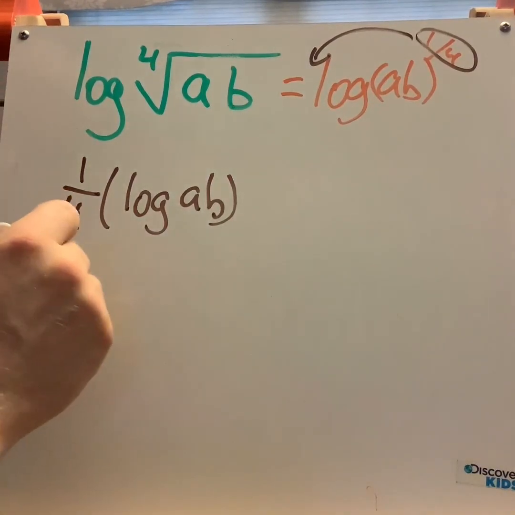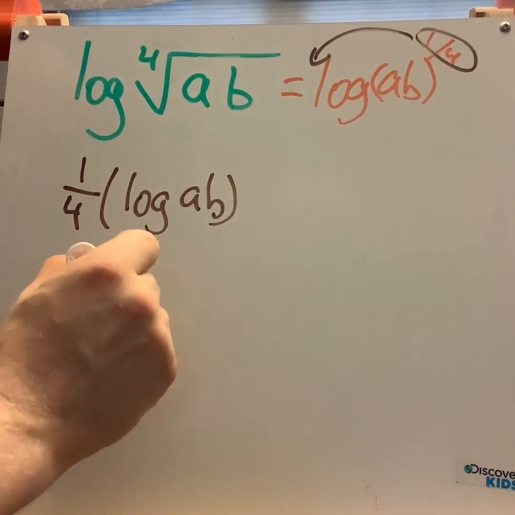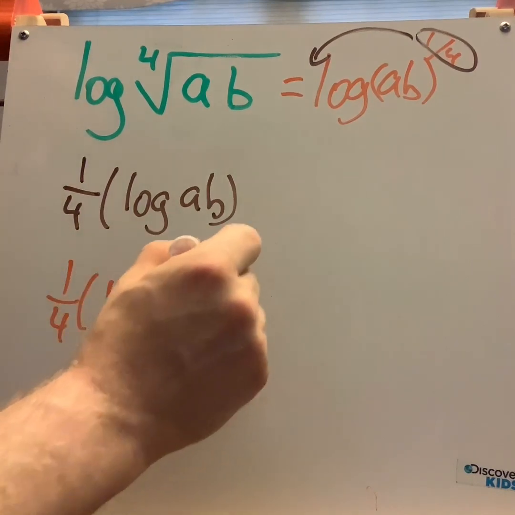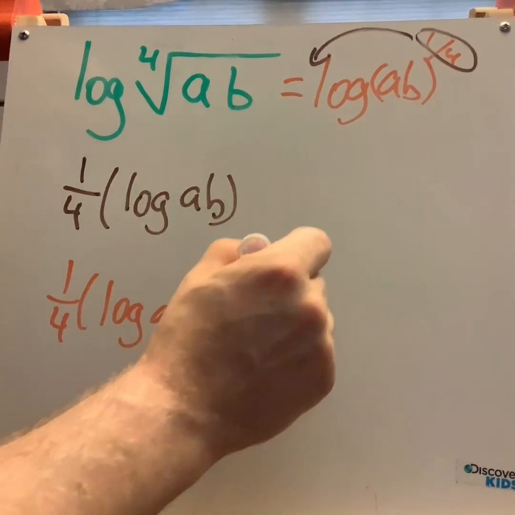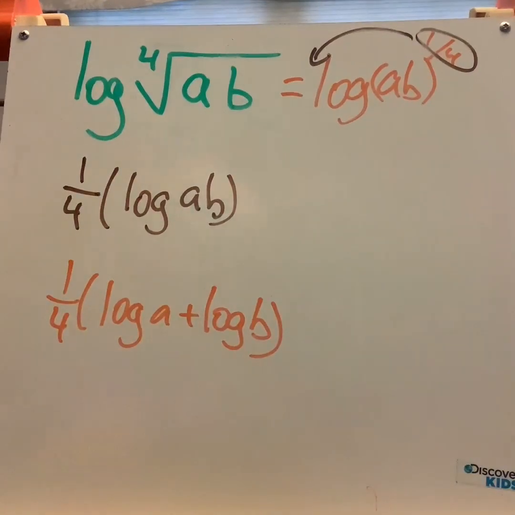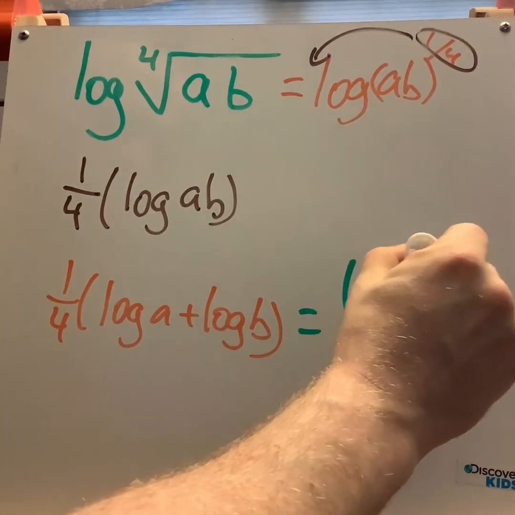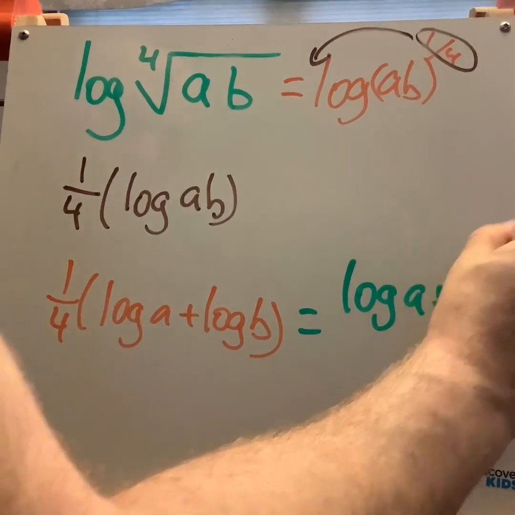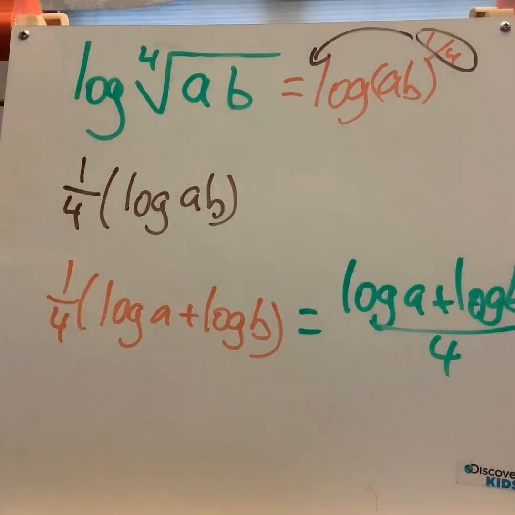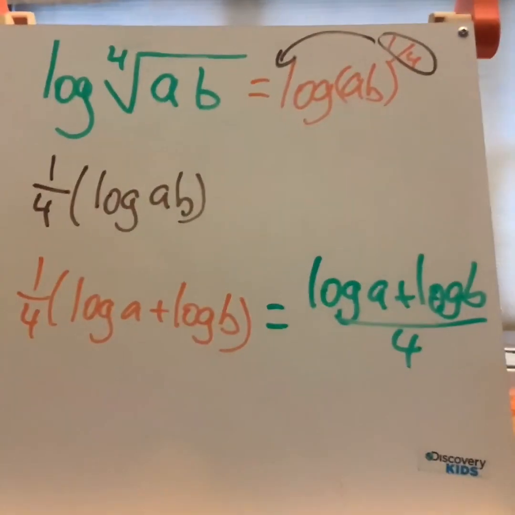And we'll say, all right, that's 1 over 4 times the log of A plus the log of B. Another way we can write that is just the log of A plus the log of B all over 4, because they were all being multiplied by 1 over 4. So hopefully you have no issues with that.